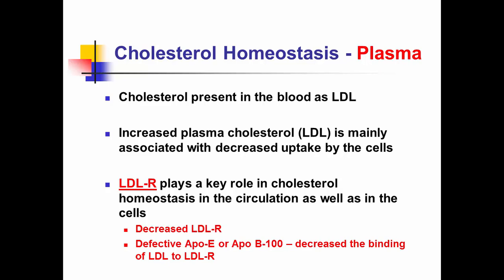ApoC2 deficiency basically affects the triglyceride level, and ApoE or ApoB100 deficiency normally affects the LDL cholesterol levels. And the cholesterol level change is closely related to the development of atherosclerosis.